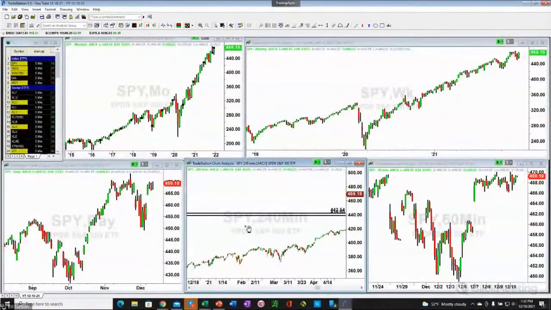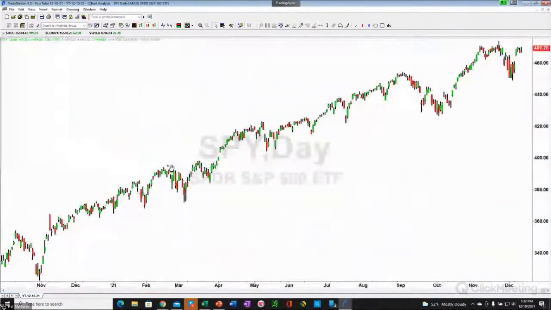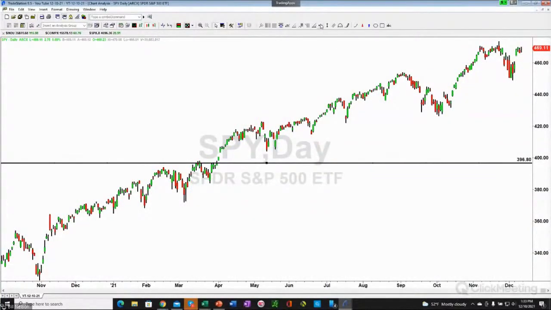Obviously, 440 is around here. Should we see a major move to the downside, picking up the SPY somewhere below 420 would also be a bargain, or maybe around 400. So that is part of our strategy.